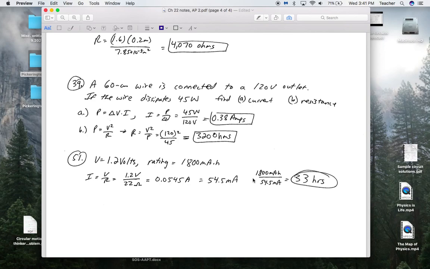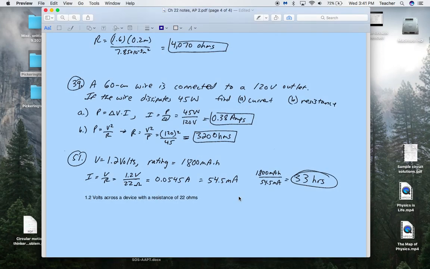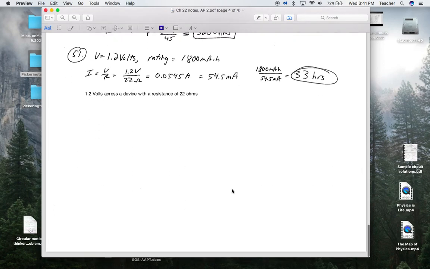So if I take 1,800 milliamp hours divided by 54.5 milliamps, that gives me 33 hours. So I should write down here somewhere that this is 1.2 volts across a device, the resistance of 22 ohms. Yep, so that's fine.